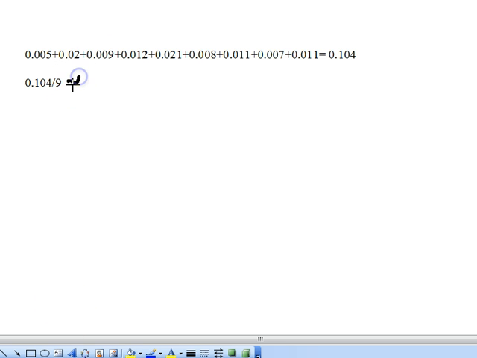So it is equal to about 0.0116. And that's just rounding that decimal that we got when we added those and divided by 9. Alright, and so that is the new conclusion.